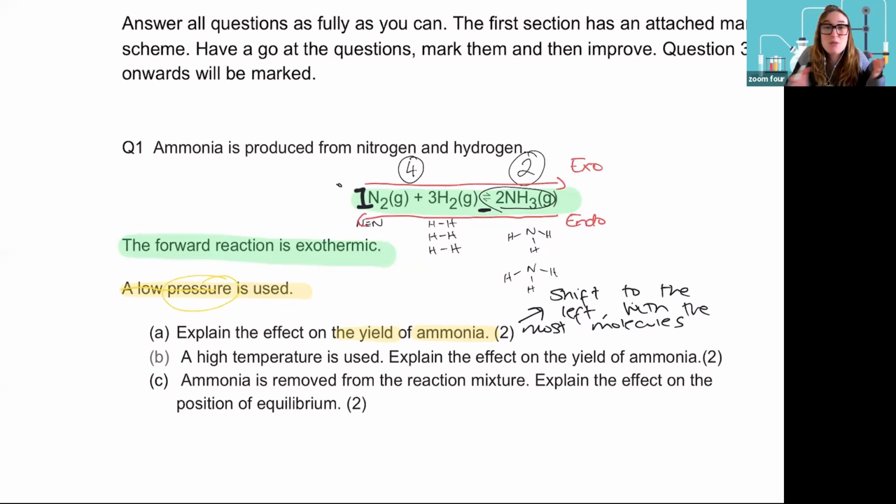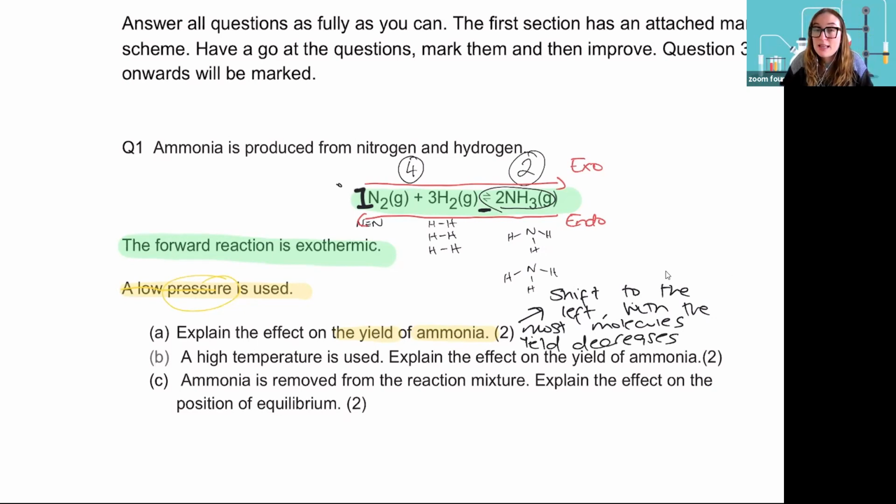So if I'm making more nitrogen and hydrogen, well, I'm going to end up making less ammonia because I'm shifting the equilibrium in the other direction, which is causing the ammonia to break down and convert back into nitrogen and hydrogen. So the yield decreases. There's your 2 marks, done.